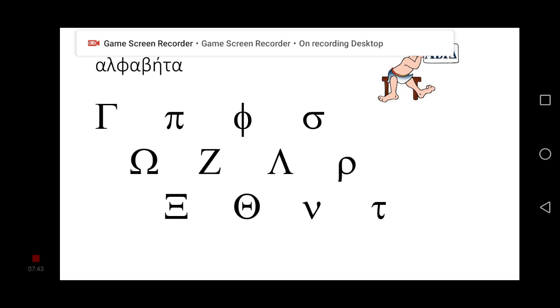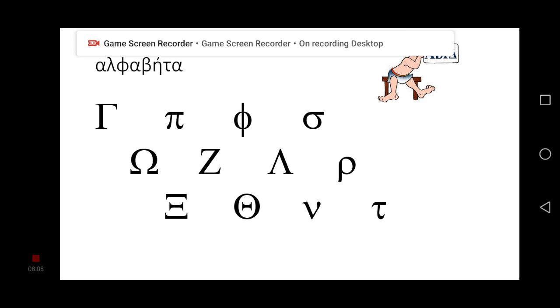That first sound, little sigma. Remember, you don't put that letter at the end, you use a different S. Let's look at the middle one. Omega, big O. Zeta, big Z. Lambda, the L, which is like an upside down V. And little rho, which is like a P, but it's actually an R.